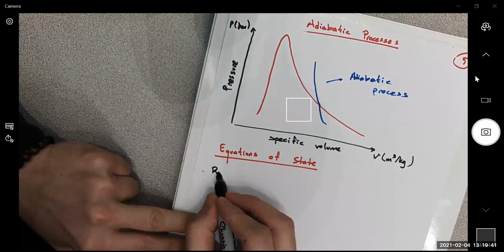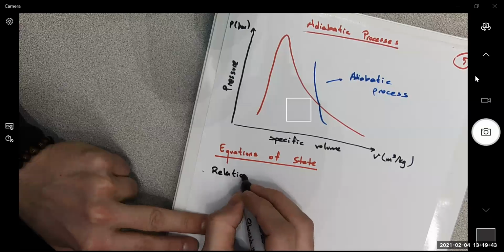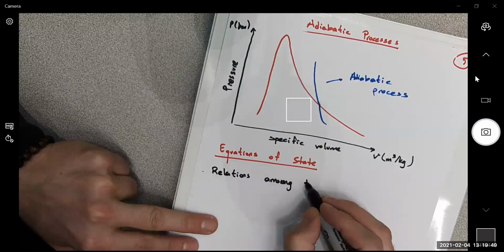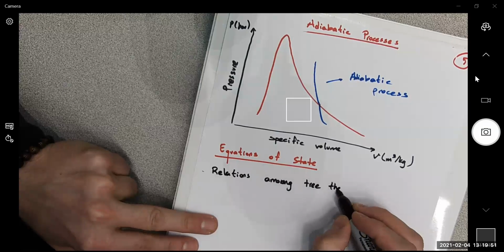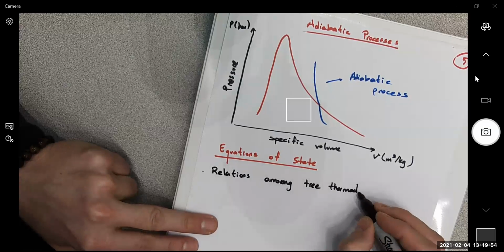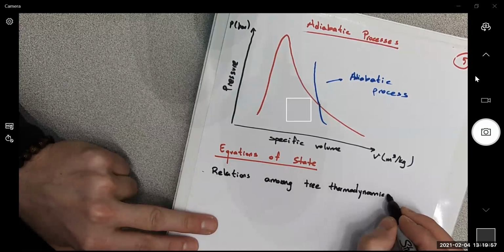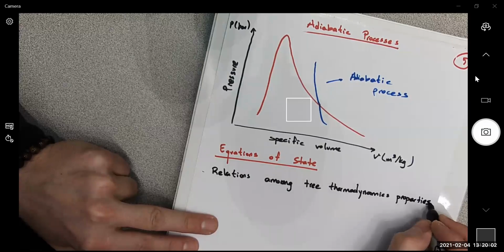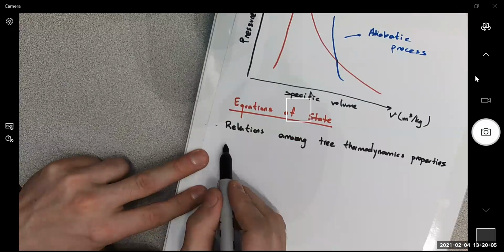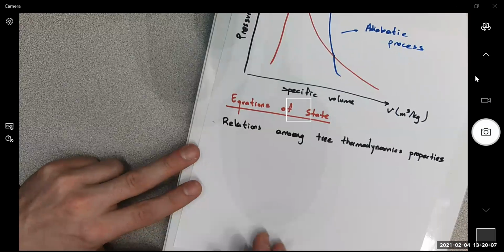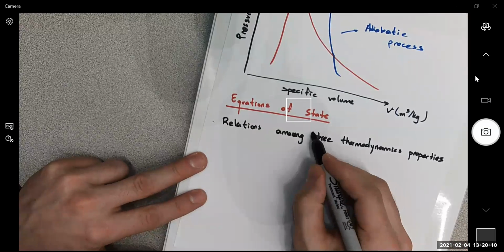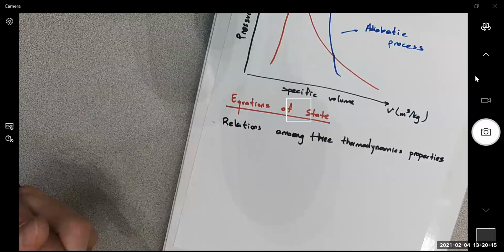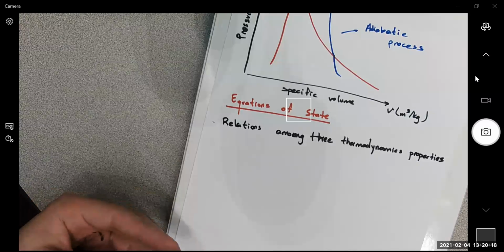An equation of state relates three thermodynamic properties: temperature, pressure, and volume.